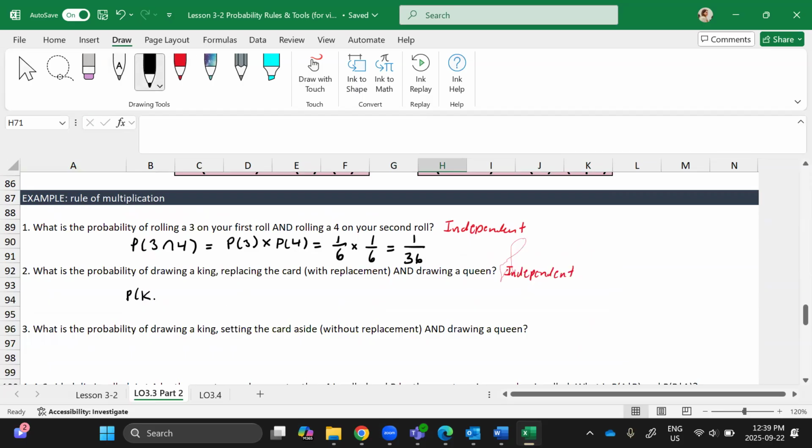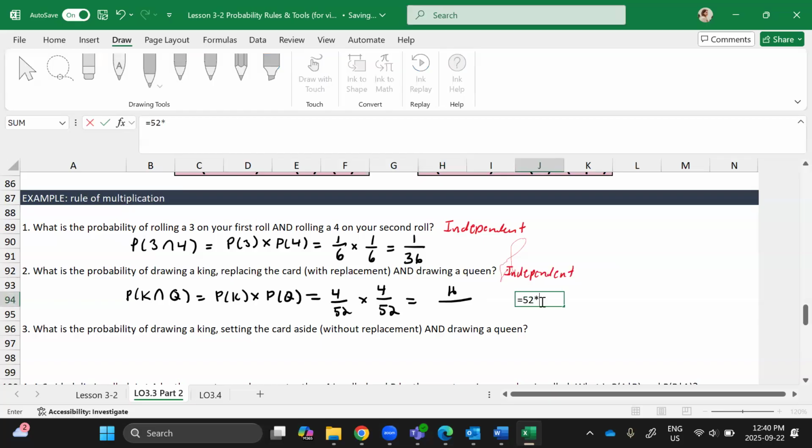So probability of king and a queen will be probability of king times probability of queen. We can simply multiply because of the with replacement. And we know there's 4 kings and 4 queens. 4 times 4 is 16. 52 times 52, you might want to use a calculator.